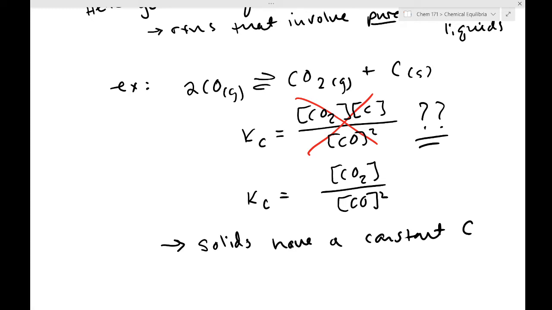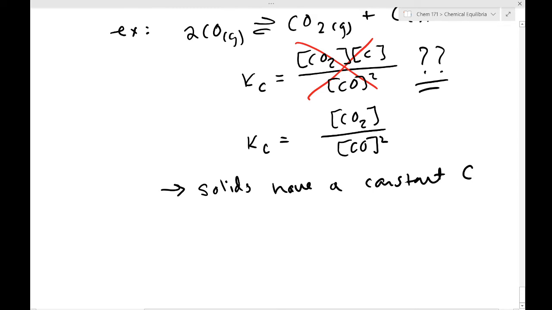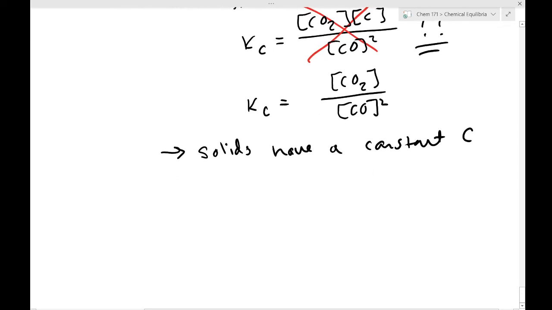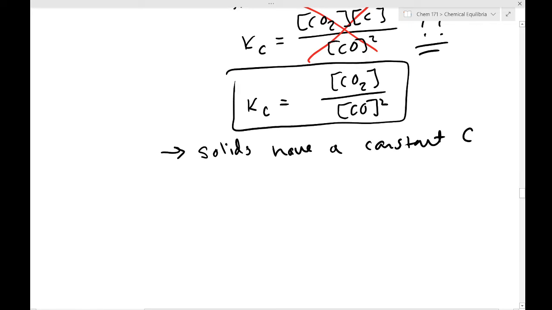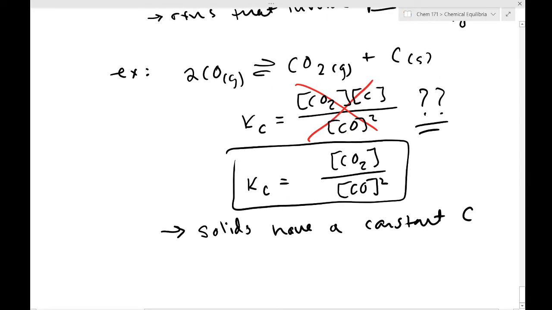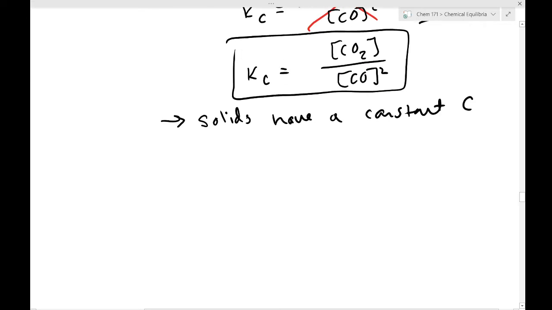Since the molarity of the solid remains constant, they are not included in the equilibrium constant expression. Okay, and so we just have Kc is equal to CO2 over CO squared. So anytime you see a solid in a reaction, do not include it in the equilibrium constant.